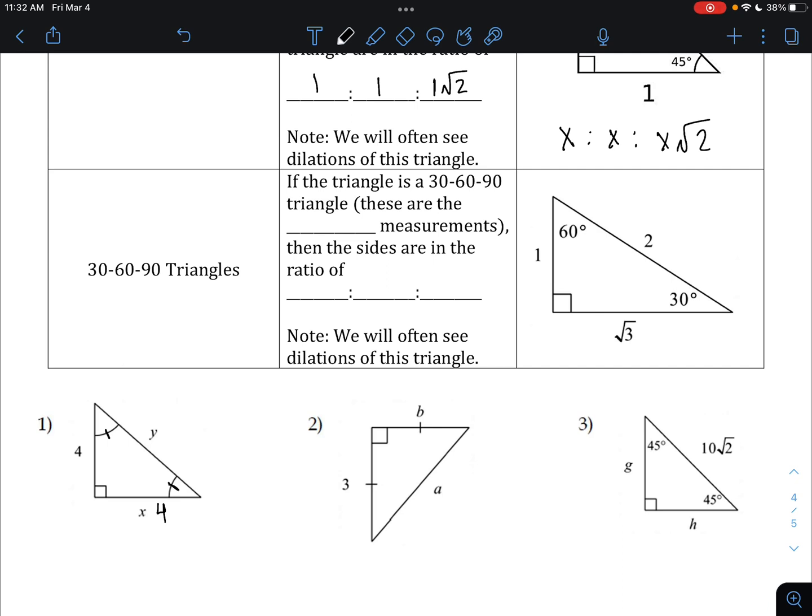I also know, since this is a 45, 45, 90, that y is now 4 square roots of 2. So I've got 4, 4, and 4 square roots of 2. There's 3 4s in that problem. Same number. The only difference is the hypotenuse has a square root out front.